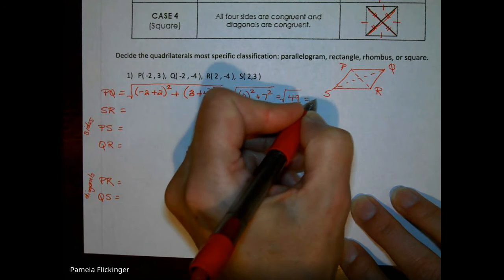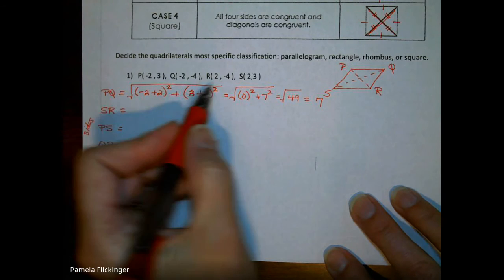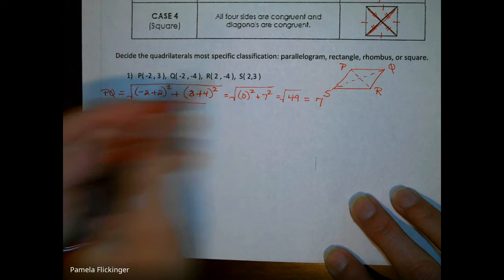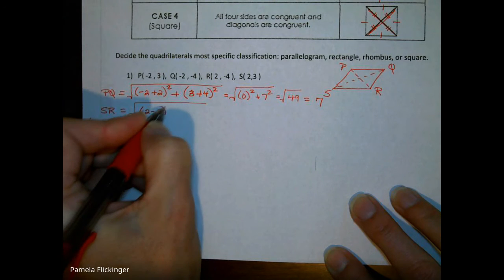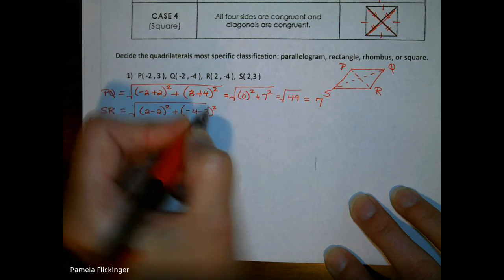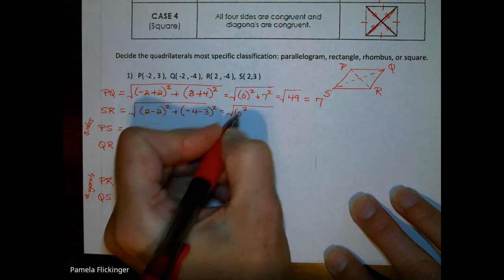Now that's perfect, so we are going to take that all the way down to 7. All right, S and R. So I've got 2 minus 2, square that, plus negative 4 minus 3, square that. So again, we get 0 squared.